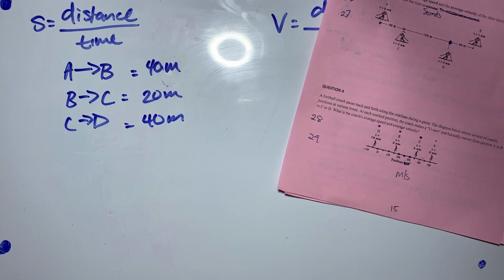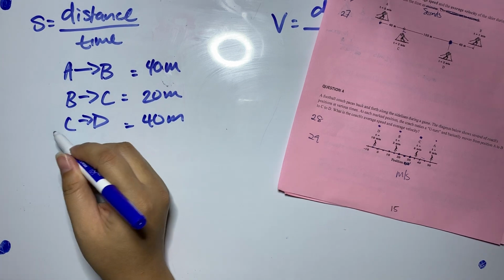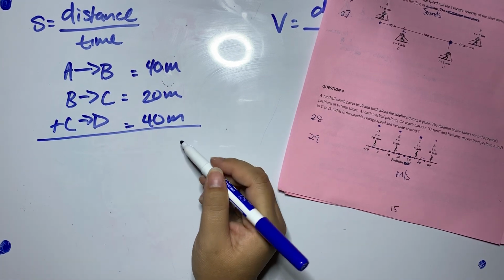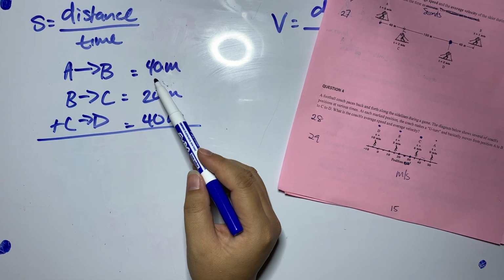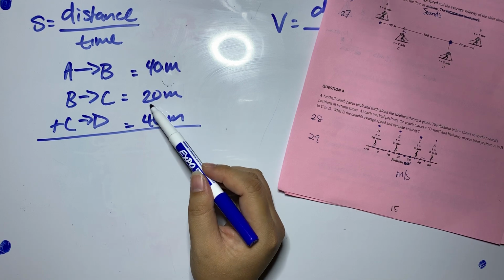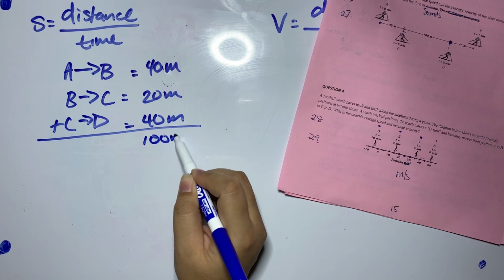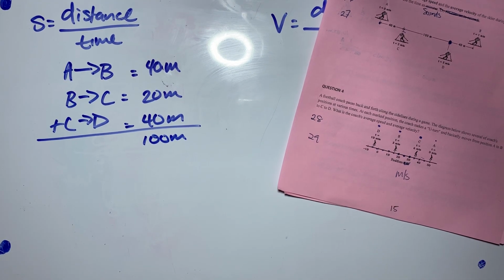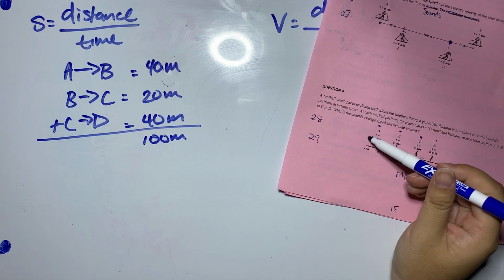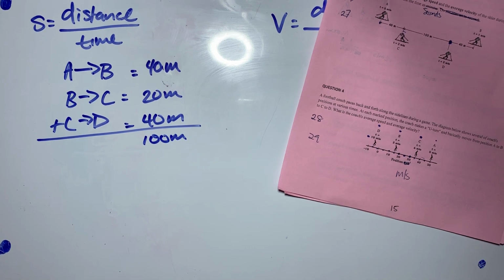So find your overall distance and add these up. 40 plus 20 is 60, and 60 plus 40 is 100 meters. For my time, it says 10 minutes, and we have to convert to seconds.